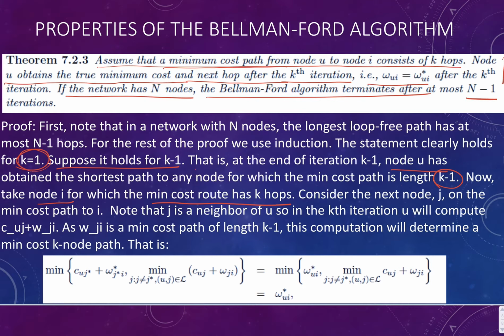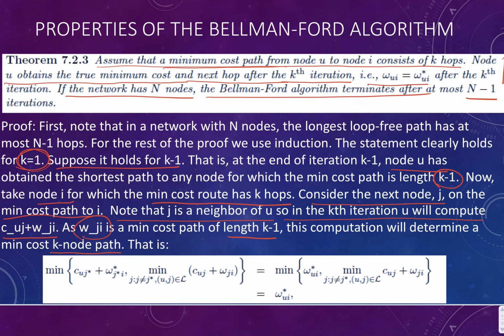We'll show that this path will be found at the kth iteration. Why is that? Because consider the next node J on the minimum cost path to I. Note that J has to be a neighbor of U, so that in the kth iteration U will compute CUJ plus WJI. As WJI is a minimum cost path of length k-1, this computation will determine a minimum cost k-hop path.